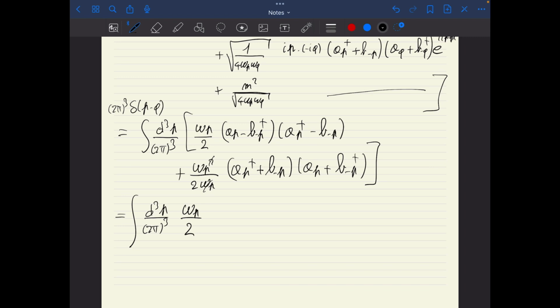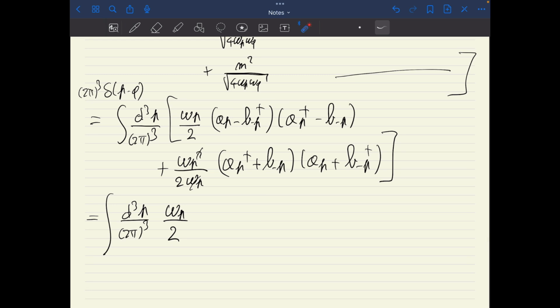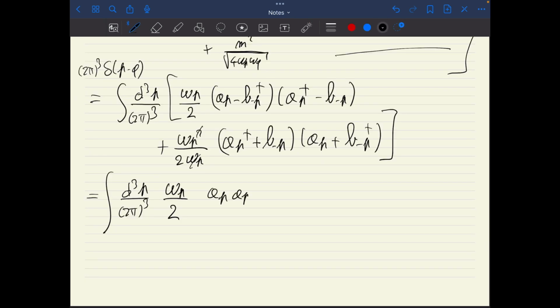And then we can just distribute these two factors, a†_p. Now in the second term we actually have a†_p a_p. Then I will just take the bb term, so then we have b.